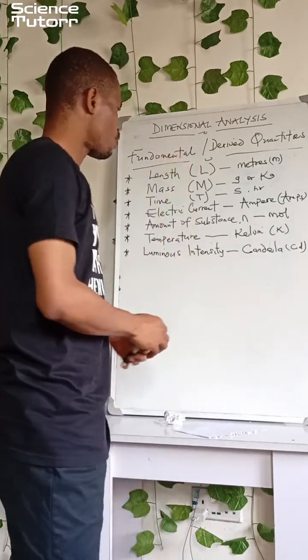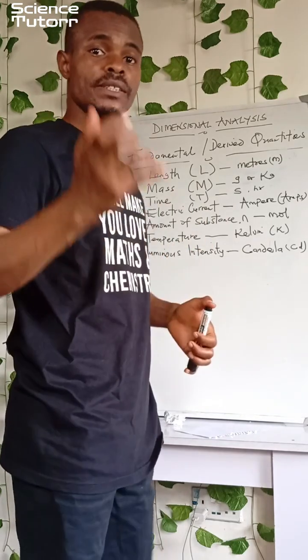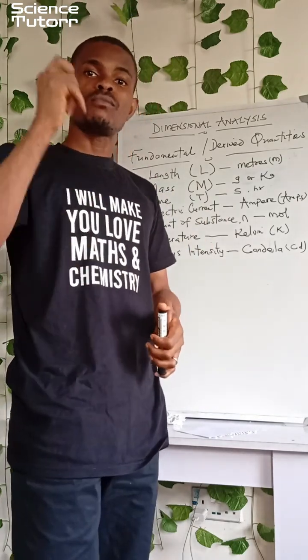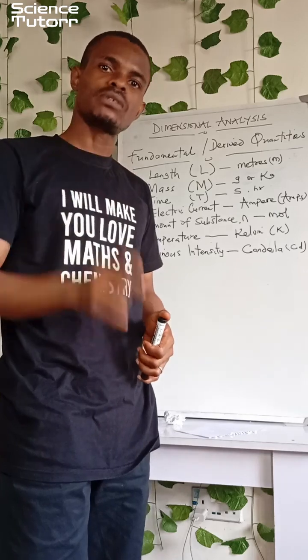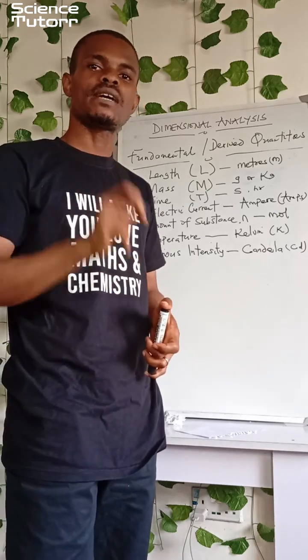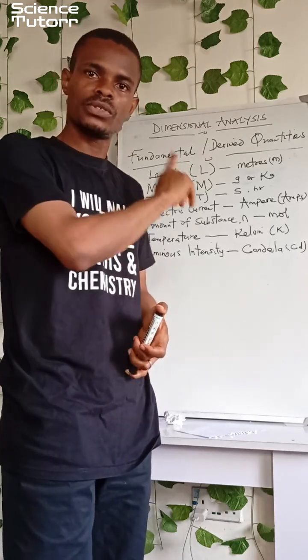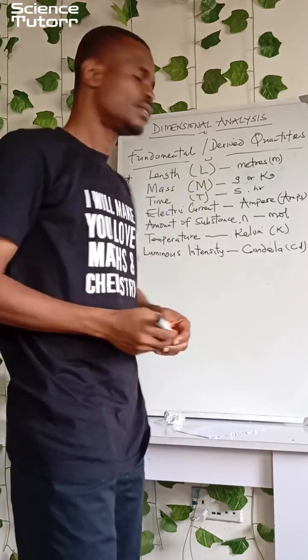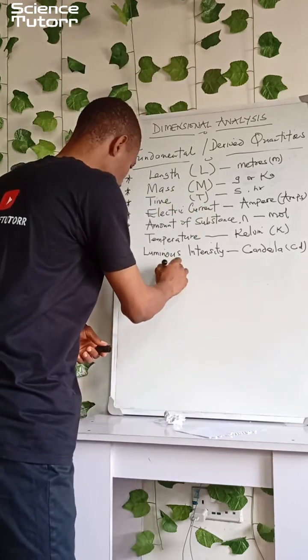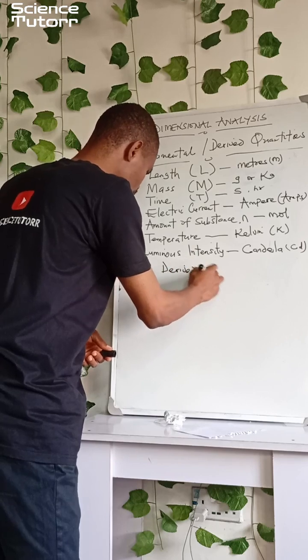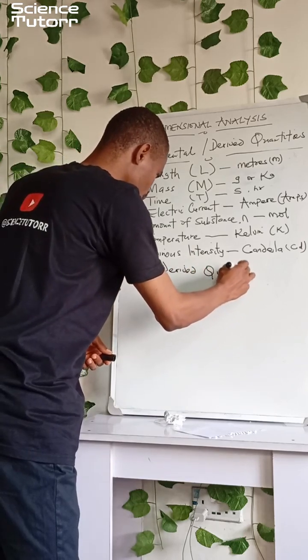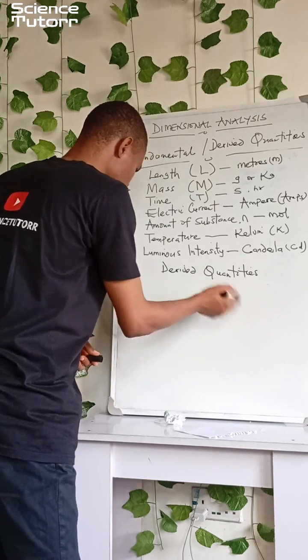Now the derived quantities are obtained from 2 or more fundamental quantities. That means the derived quantities cannot stand without the fundamental quantities. So for derived quantities, we have a series of examples.